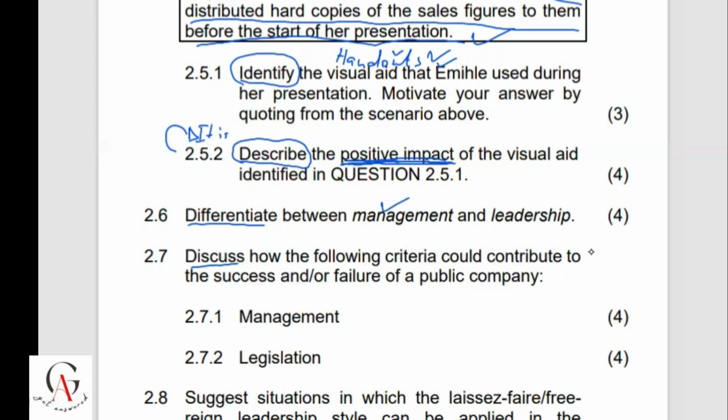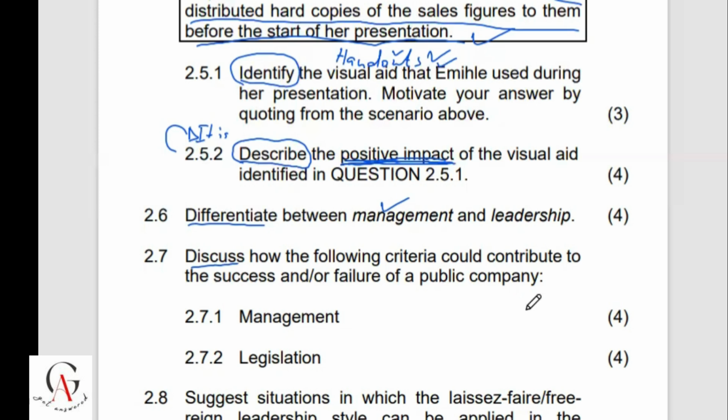So for a business to be innovative, it shouldn't only stick to one strategy, one technique, or one style of producing goods and services. They should engage in different styles whenever they produce goods and services.